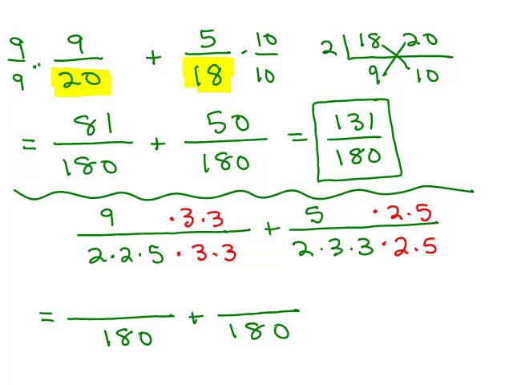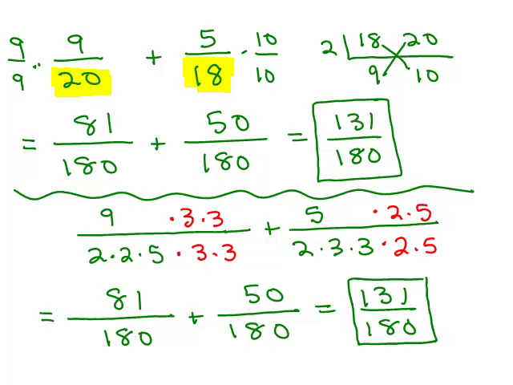It's just that at the end of the problem you have to multiply the 2, the 2, the 5, the 3, and the 3. Now let's do the numerator of each fraction. I'm going to have 9 times 9, that's 81. I'm going to have 5 times 10, that's 50. And I get exactly the same answer as I got using the previous method up above.